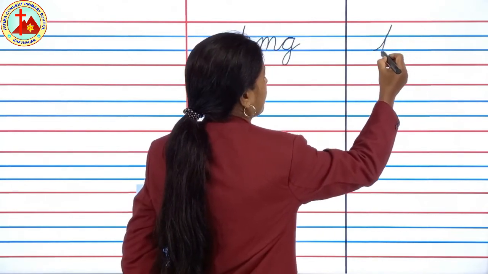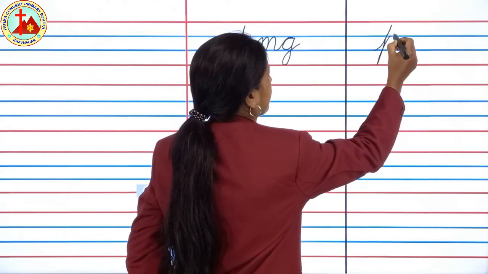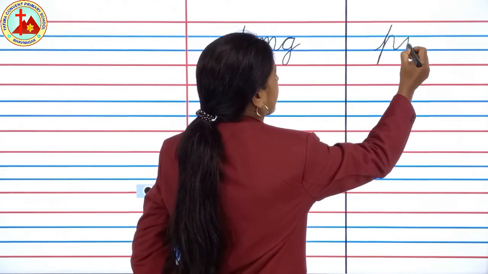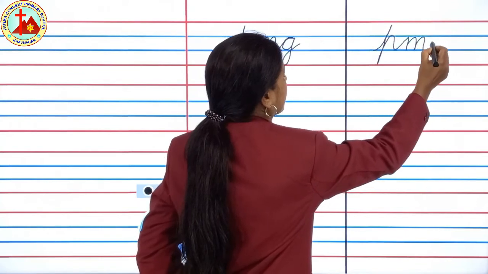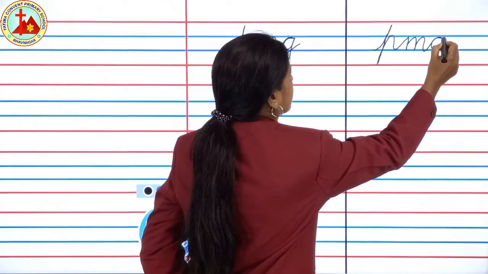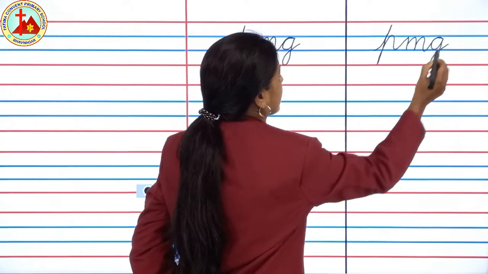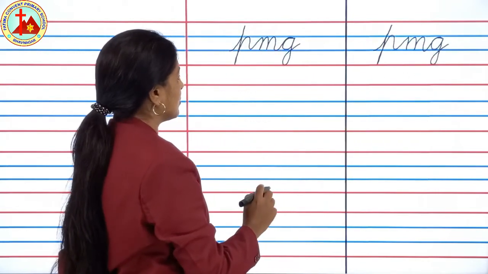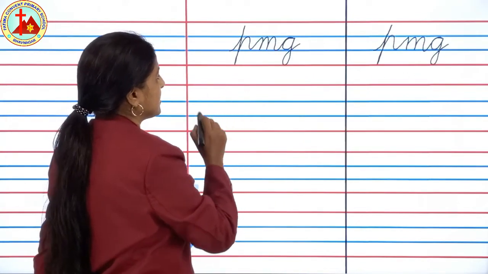First we'll write P, then M and G. Write neatly how Miss is writing.